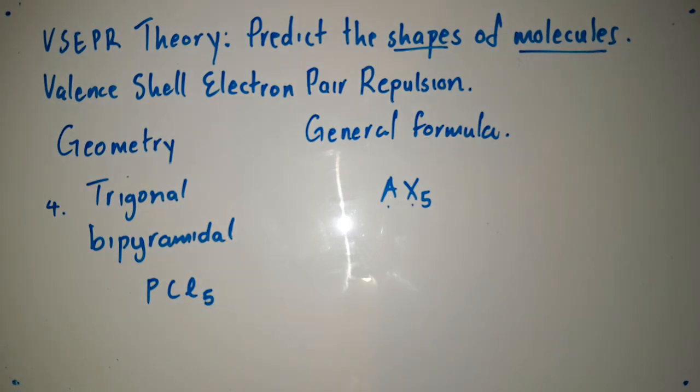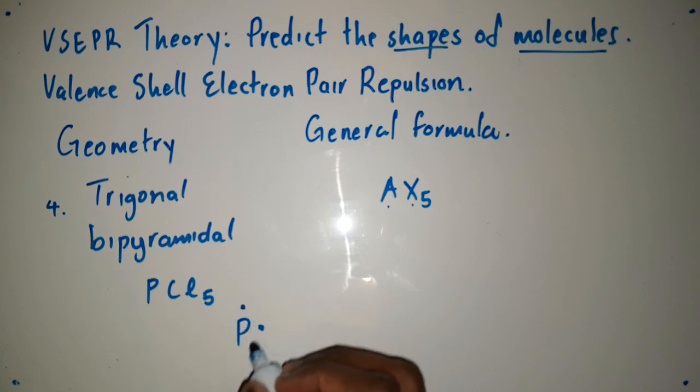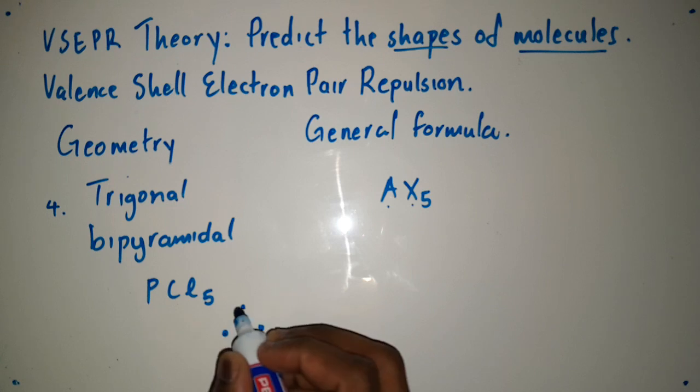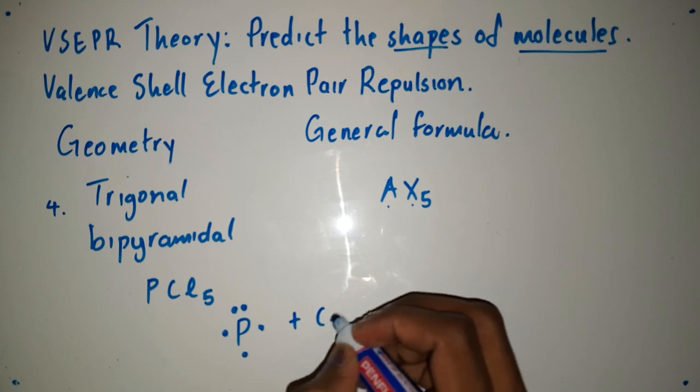Pentachloride. Then now we know that phosphorus is situated in group number 15. Somehow this one is going to have 5 electrons in the outermost energy level, like this. See, 1, 2, 3, 4, 5. Then I have 5 Cl, like this.